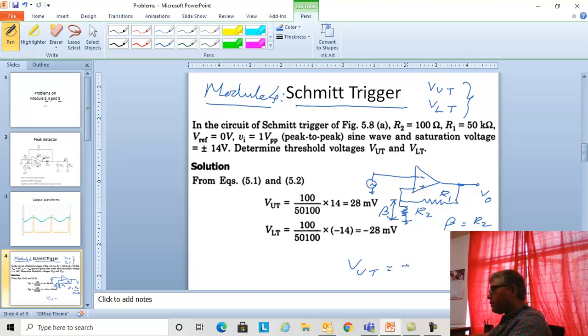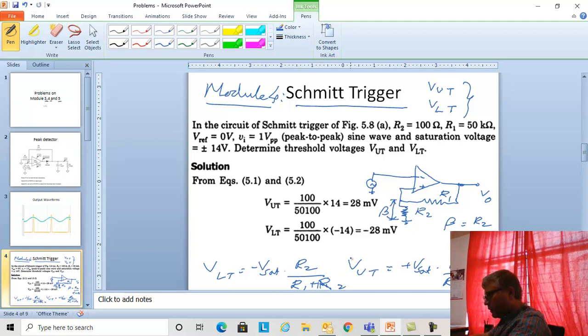So we will have plus Vsat into R2 by R1 plus R2. That's your VUT, and VLT is minus Vsat into R2 by R1 plus R2. Now these are the two things.